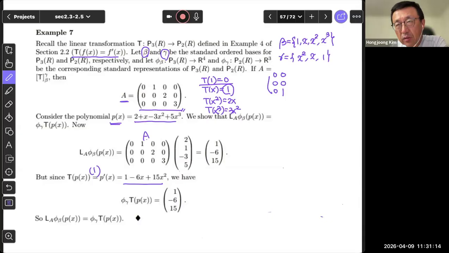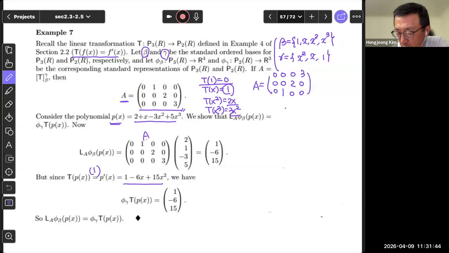And the image of x squared is 2x, so the coordinate of 2x with respect to gamma will be 0, 2, 0. And the coordinate of 3x squared will be 3, 0, 0. So this is my A when these two bases are considered.